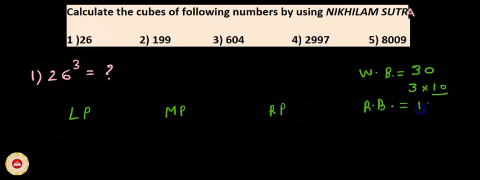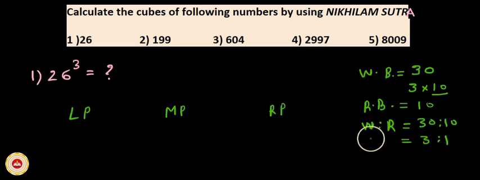So what is the ratio of working base to real base? Let us calculate the ratio. 30 to 10, which is equal to 3:1. So ratio R is 3:1. We are going to use this ratio while calculating left part and middle part.